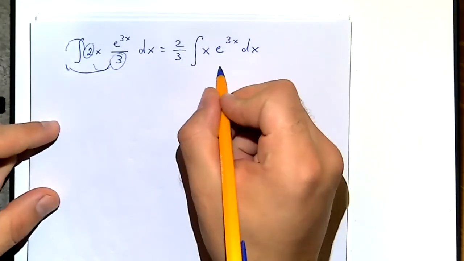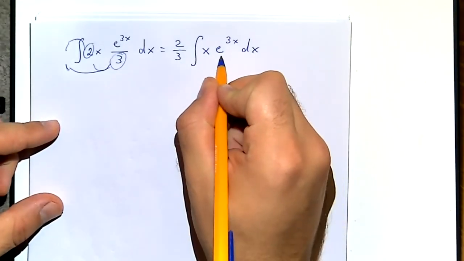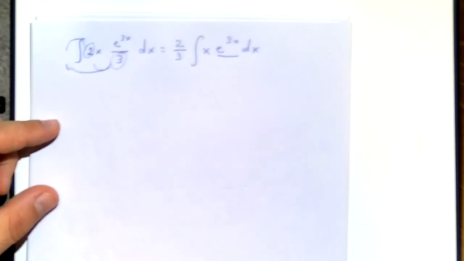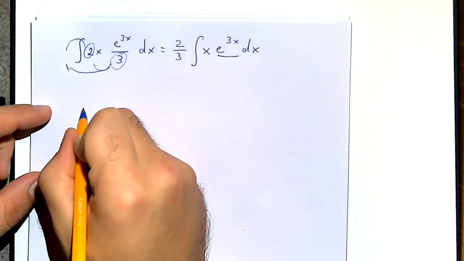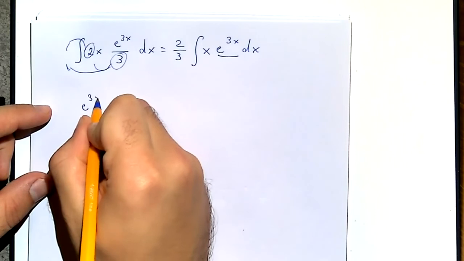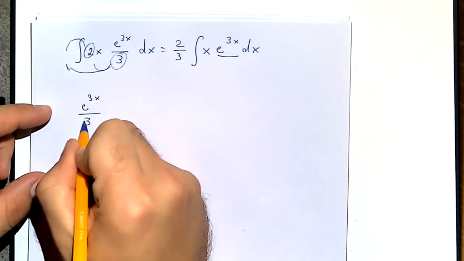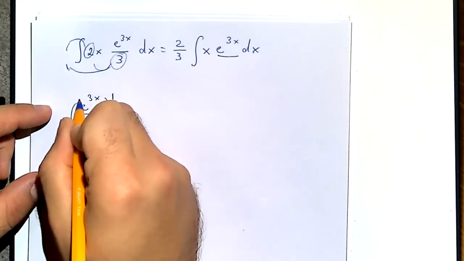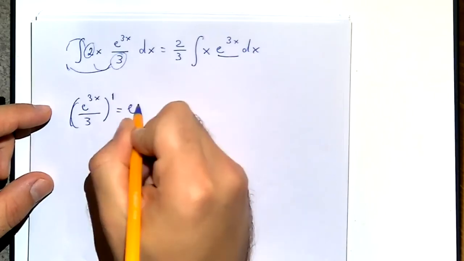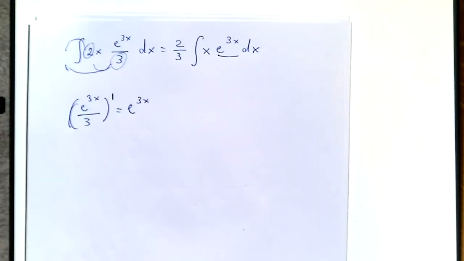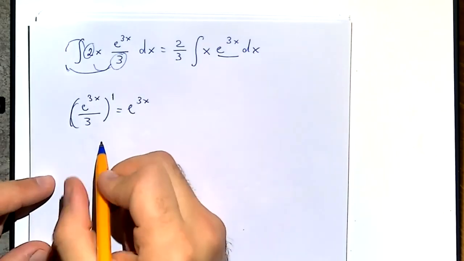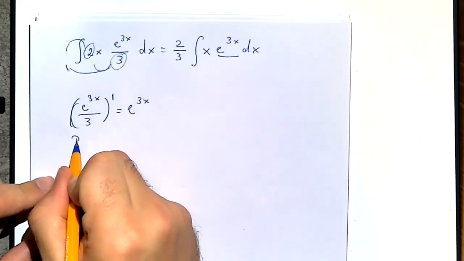So, e^(3x). I know that when I take the derivative of e^(3x)/3, I get e^(3x). I know this. So first step, replace in the equation.